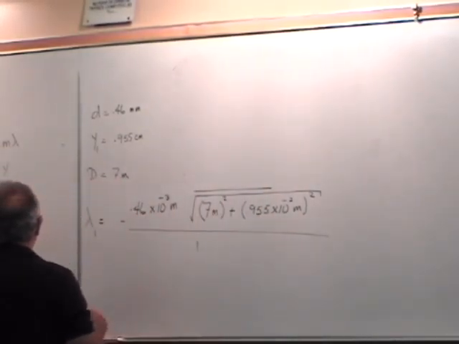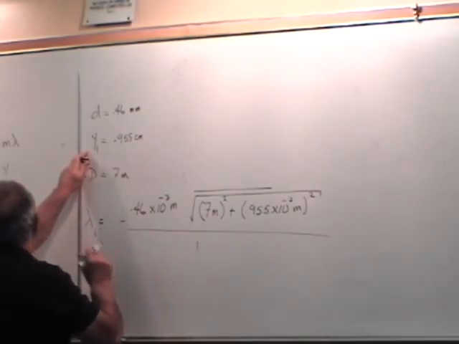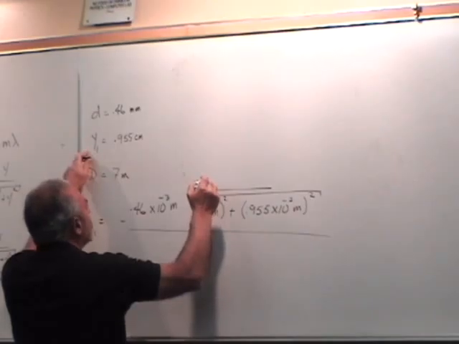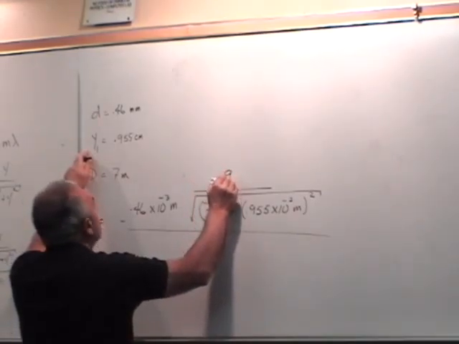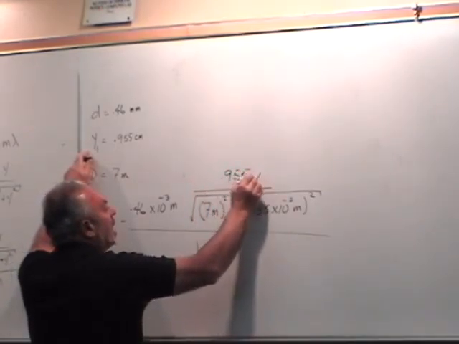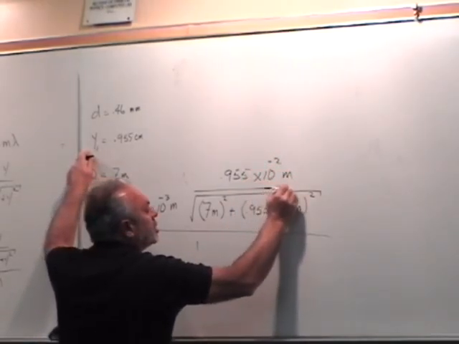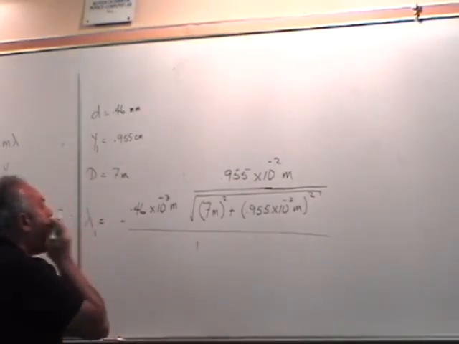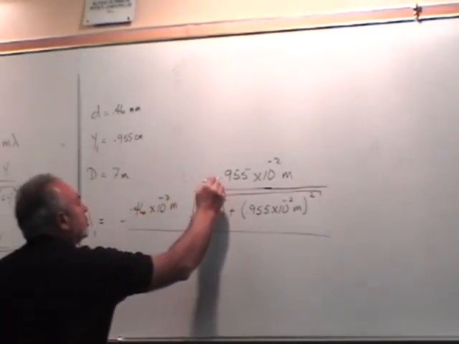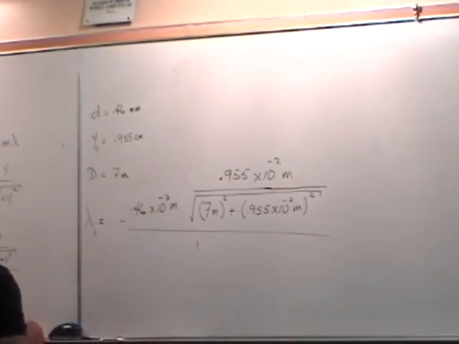Let me see. Y is which dimension? Y is this dimension. Okay, now Y is the spacing between. So that was 0.955 centimeters, like that. And then we divide by M, which is 1, so we really shouldn't put it there.